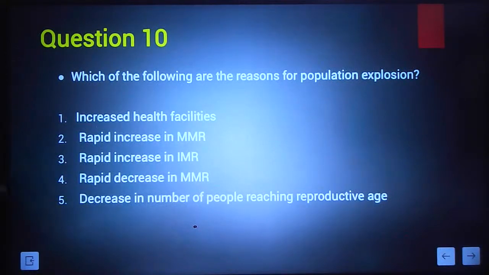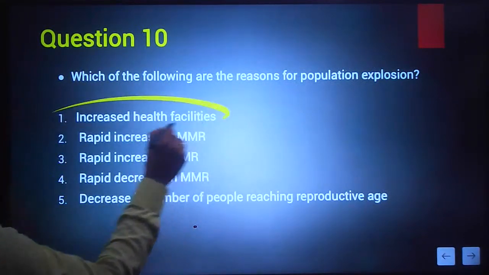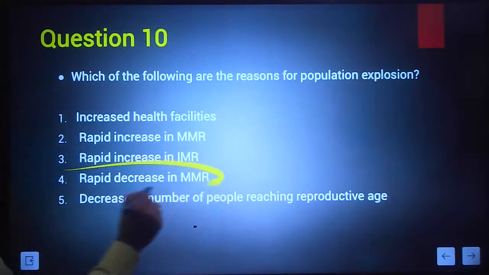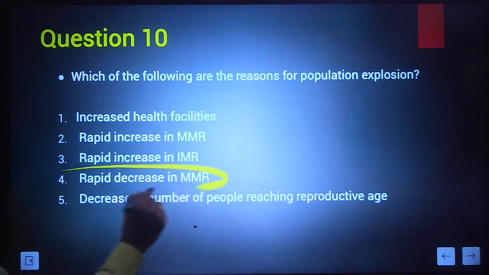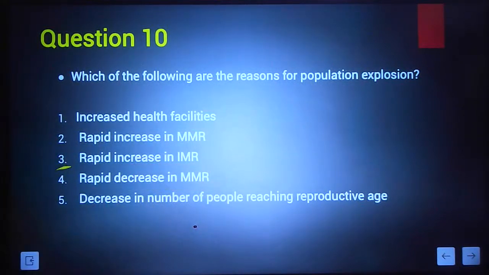Which are the reasons here? Options 1 and 4 are the main reasons.